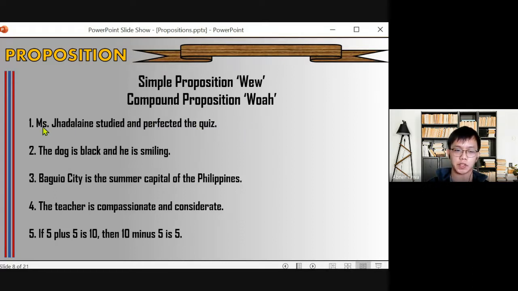We have here the first proposition. Is it simple or compound? Who wants to answer number 1? How about the others?